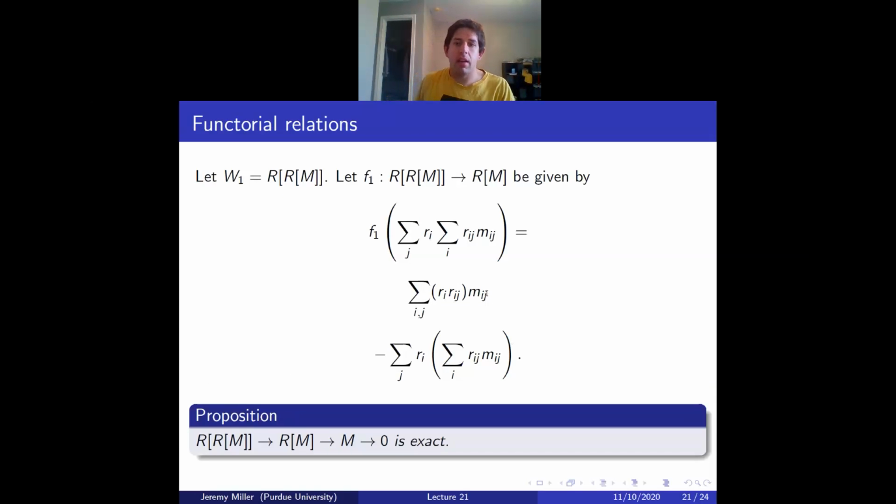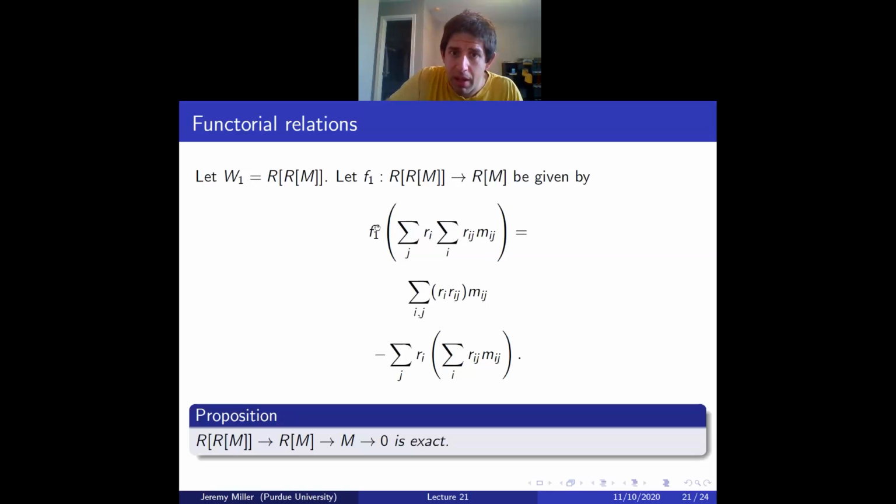Now these things are getting incredibly large. You can take W1 to be the free R module on the free R module on M, and you can let the map F1 be given by, so we have a formal sum of formal sums of things in M, and there's two ways of composing.